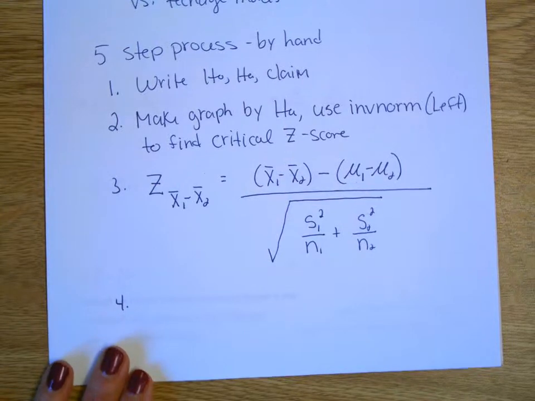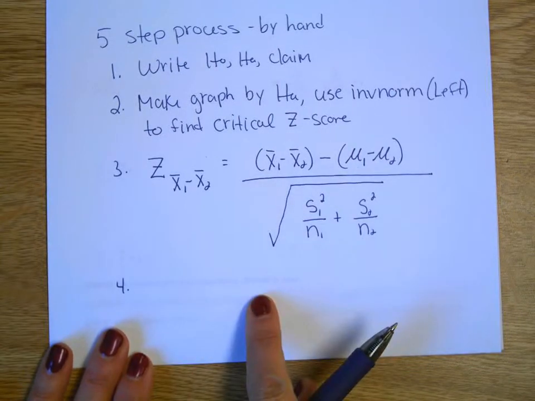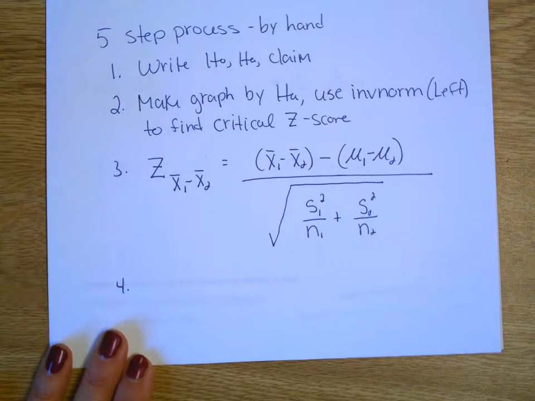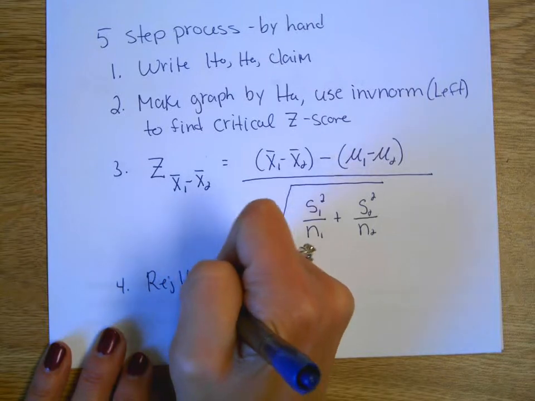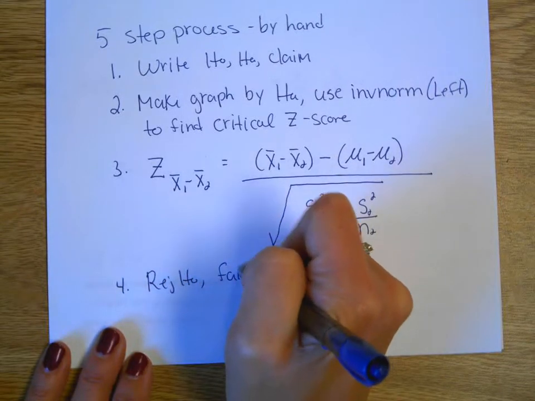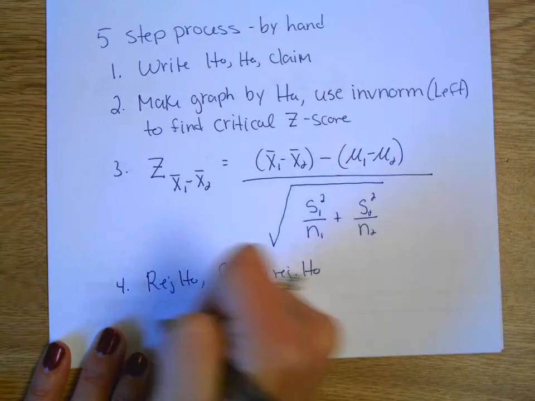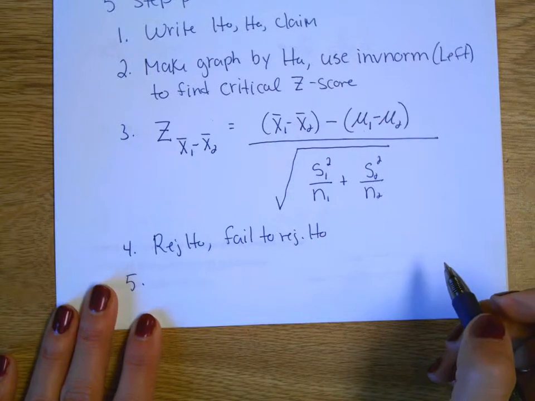Then we're just going to check to see if our z-score lands in the shaded or unshaded region. So step 4 is just like always before. You're either going to reject the H0 or fail to reject the H0. So you make your decision and then you interpret.